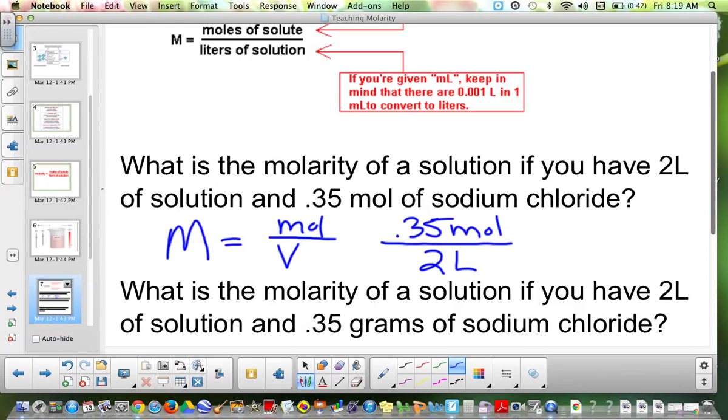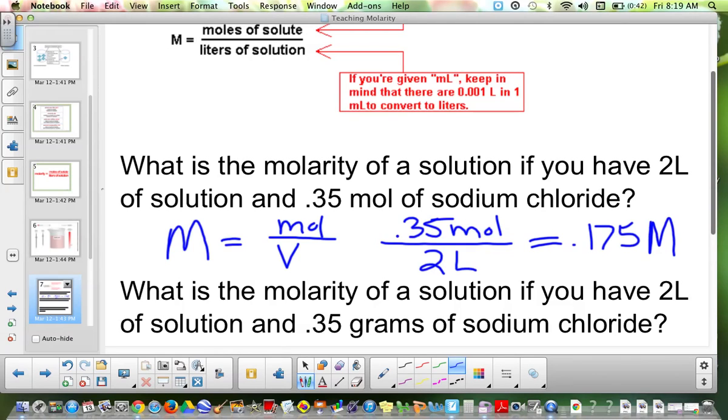Now here's the kicker. The moles have to be in moles, and the volume must be in liters. All right, so can you divide 0.35 divided by 2? 0.175, okay.